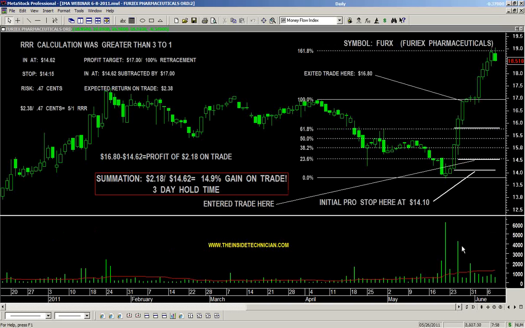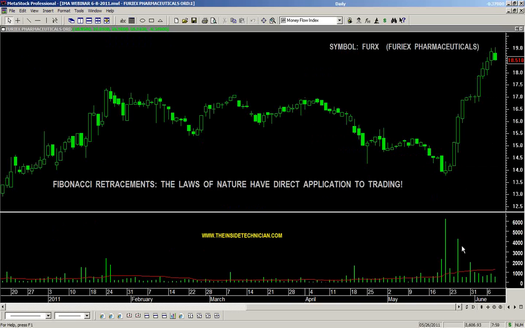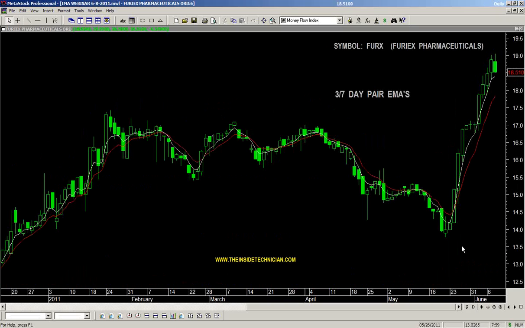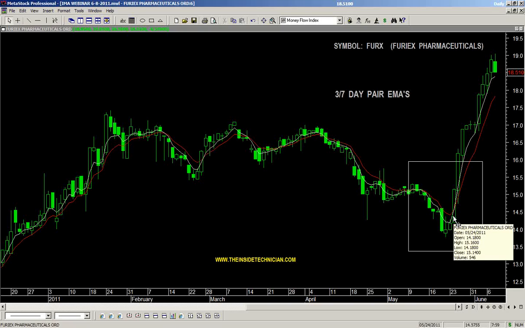Next, let's take a look at something that a lot of people miss out on every single time. And where did we end up last time? Before Fibonacci, the 3 and 7 day pair of exponential moving averages. And here we are again. You can see right here, and I want to blow this up for you so it becomes more clear, at this point, let's just make it a rectangle, we had a cross from below to above on trade day.